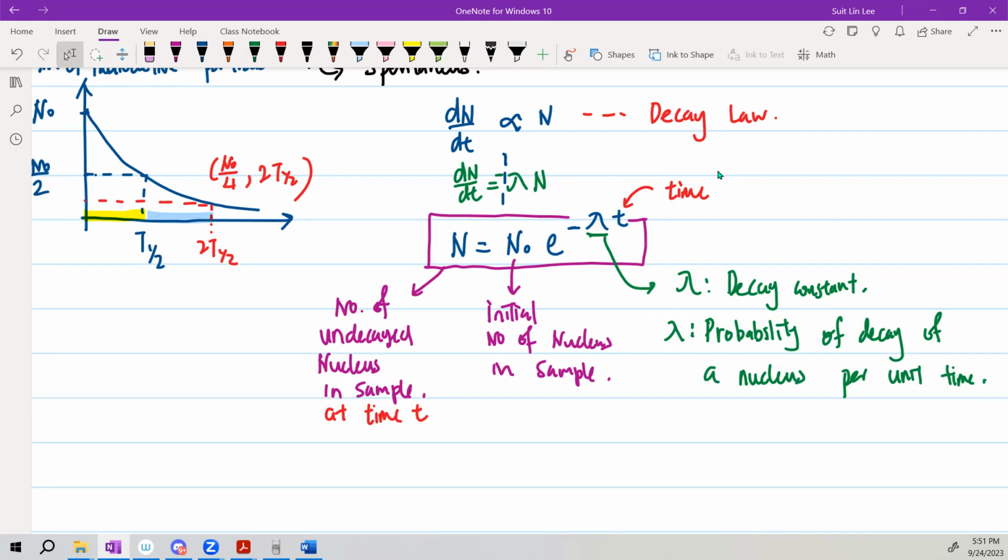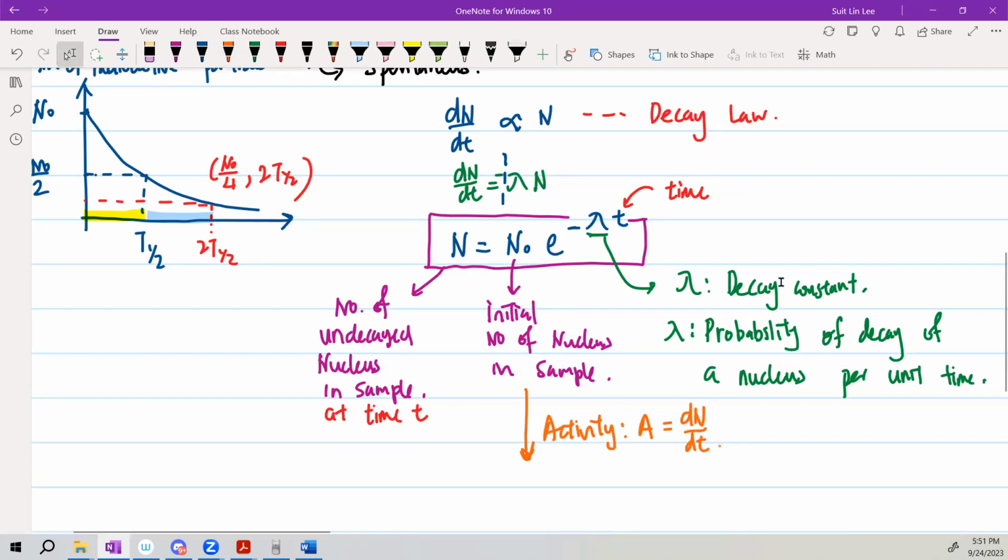And then from here, we are going to define activity A as dN/dt.